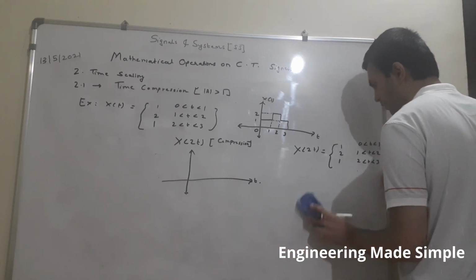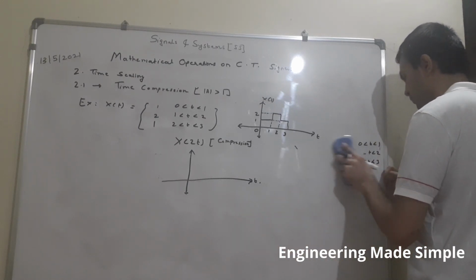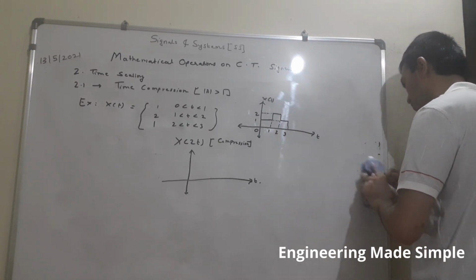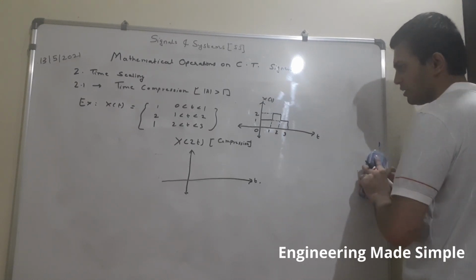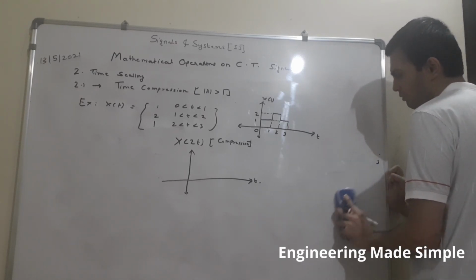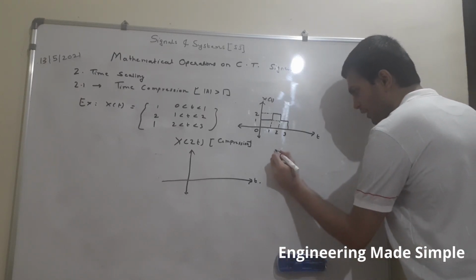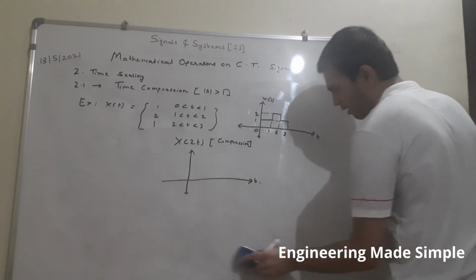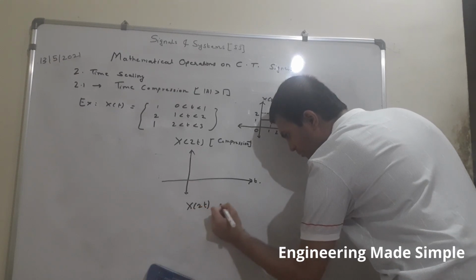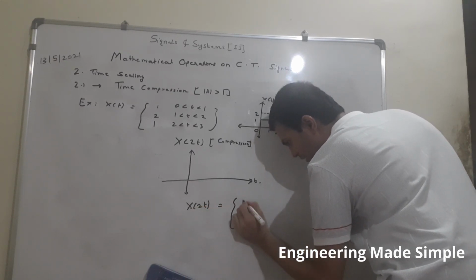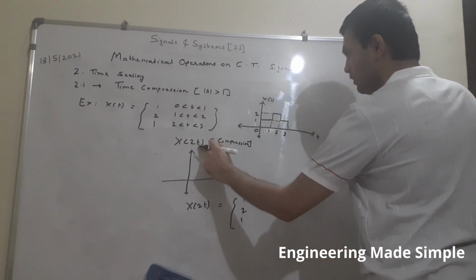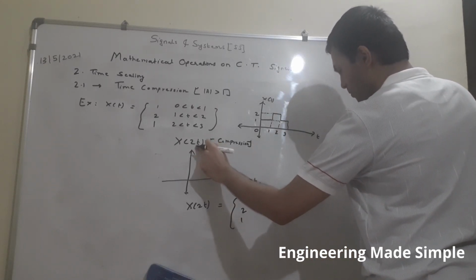I will write it down again. The amplitude value will not change; only because our constant is multiplied to the independent variable time t, the time instant value will change. Now here it is x of 2t. The amplitude values of x of 2t will remain as they are. But now this 2 is multiplied to the time axis, right?